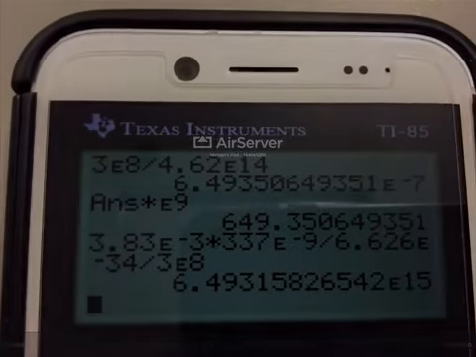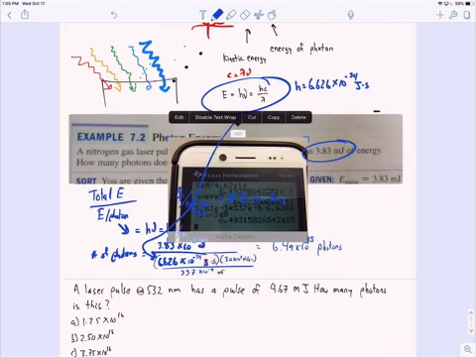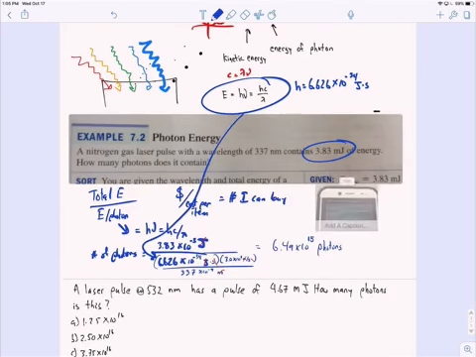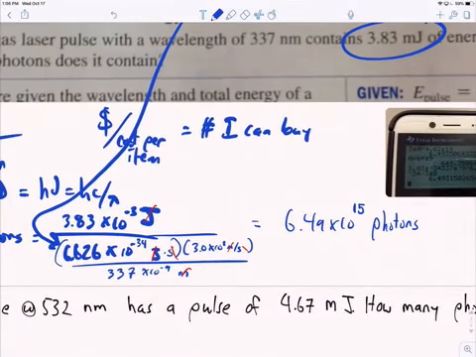You can use a calculator. Another trick: since I knew I was dividing by the 337 nanometers, I put it on top. So I did this times this divided by that.